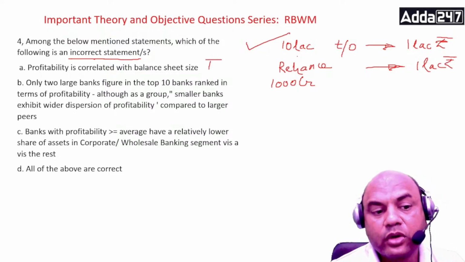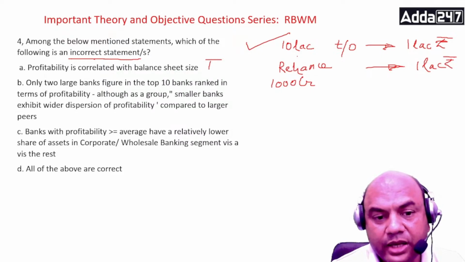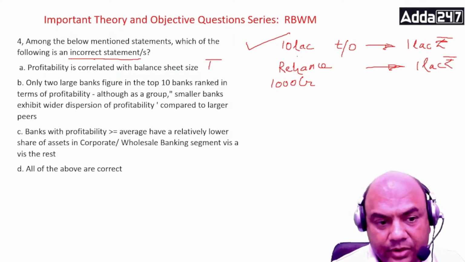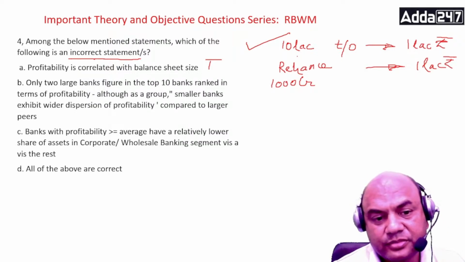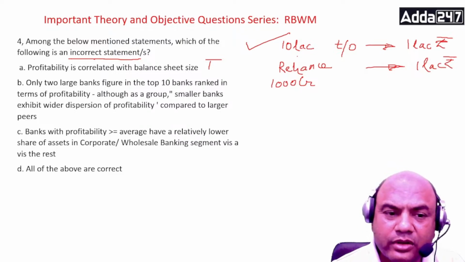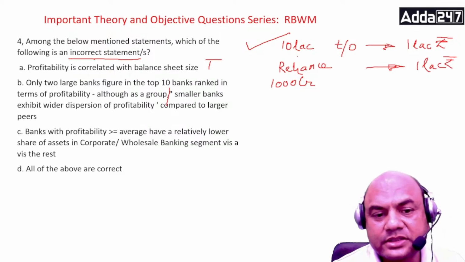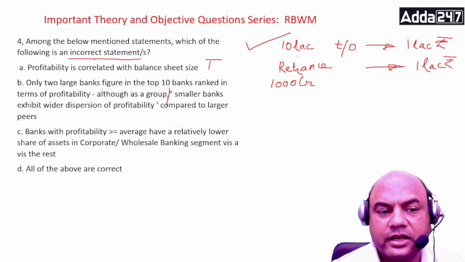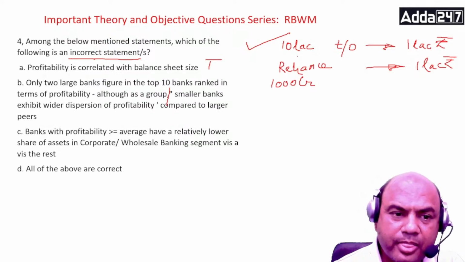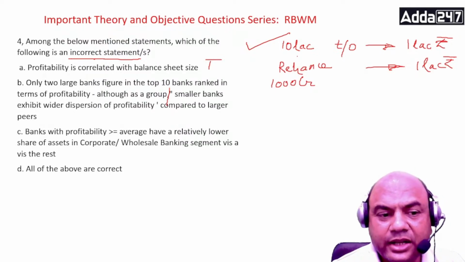What about the others? Only two large banks figure in the top 10 banks ranked in terms of profitability, although as a group, smaller banks exhibit wider dispersion of profitability compared with the larger peers. This sentence has no meaning with each other. See here, this is a separate sentence and this is a separate sentence. Firstly, is this statement correct or not?